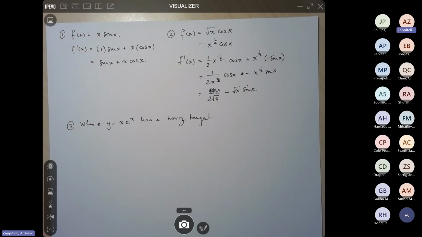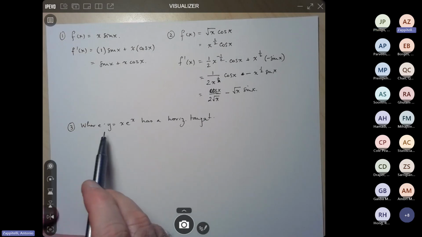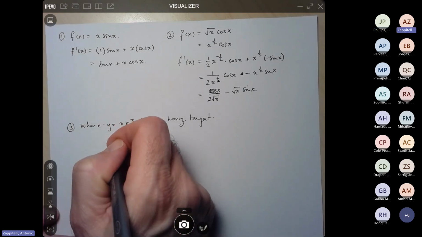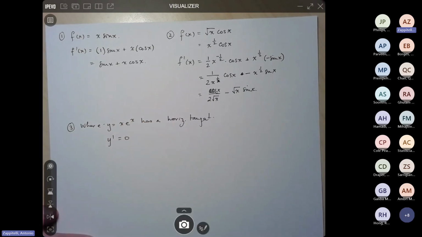Help me out here. Basically, you have to get the derivative first, and after that, set the equation to 0. So in order for this to have a horizontal tangent, y prime has to be equal to 0. Okay, this is what we're having to solve.